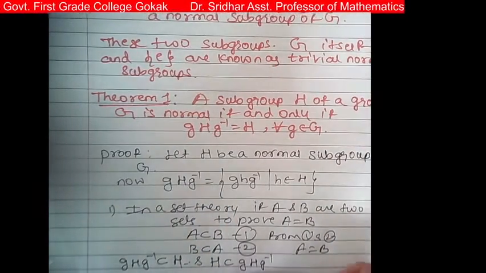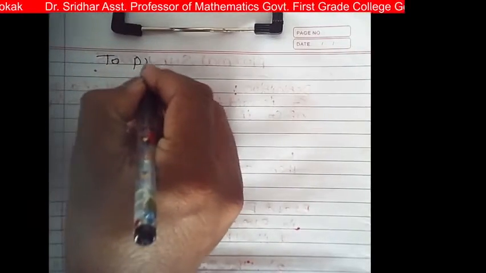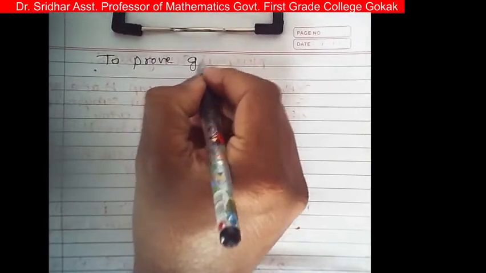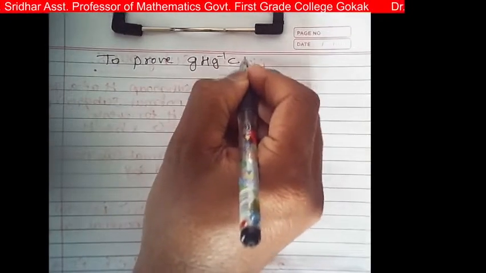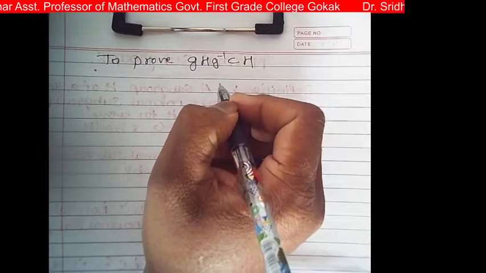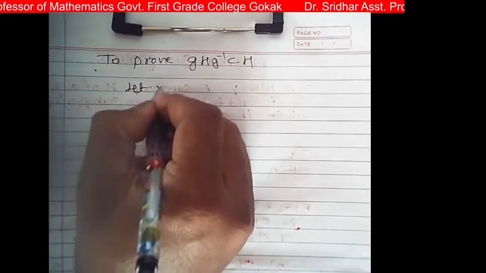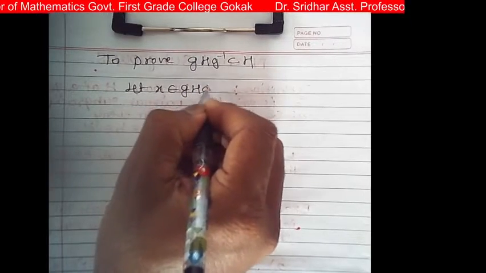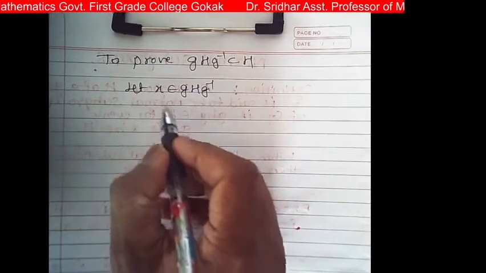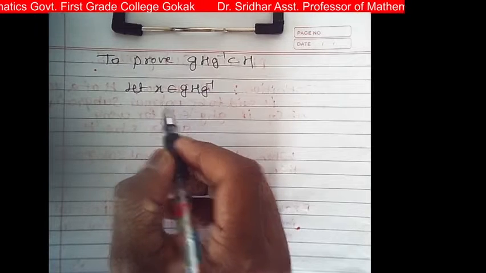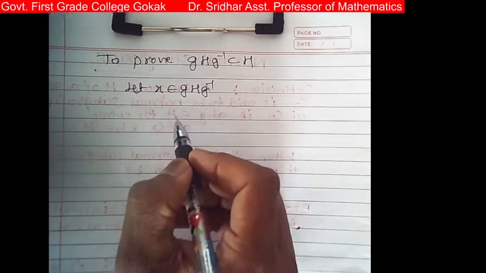Now to prove GHG inverse is a subset of H, let us assume that some element x belongs to GHG inverse.